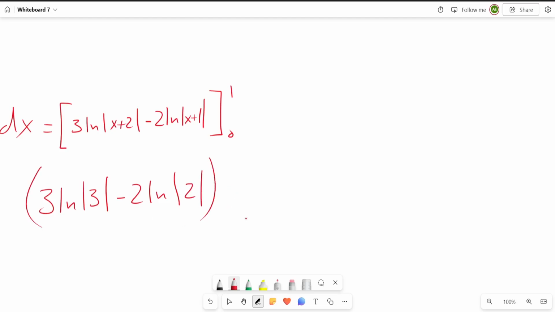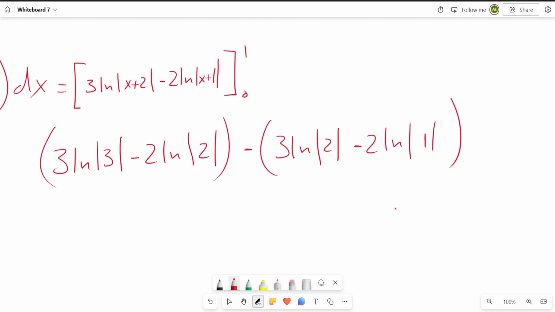And then this whole thing subtracting the lower bound. So it's going to be 3 ln of 0 plus 2, which is 2, and then minus 2 ln of 0 plus 1, which is basically 1. So over here, what I have is 3 ln 3 minus 2 ln 2, and then minus 3 ln 2, and then minus times minus is plus 2 ln of 1.